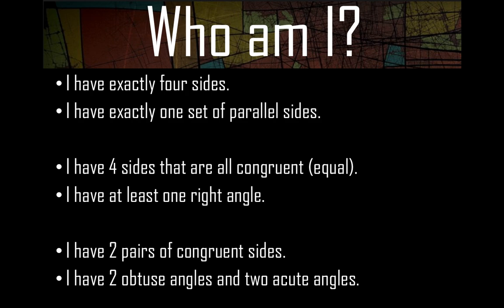So obtuse is those big, let's see if I can draw. I think I can. Pen, let's see. So an obtuse angle is going to look like this. An acute angle is going to look like this. And then a right angle. Oops, that wasn't a very good one.